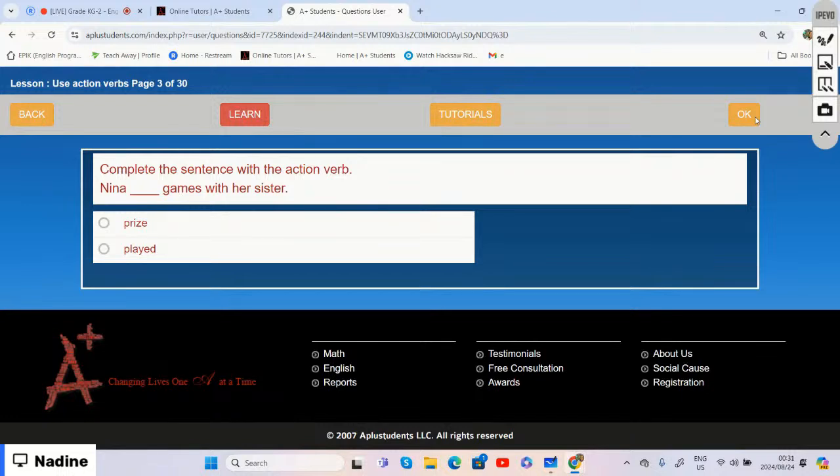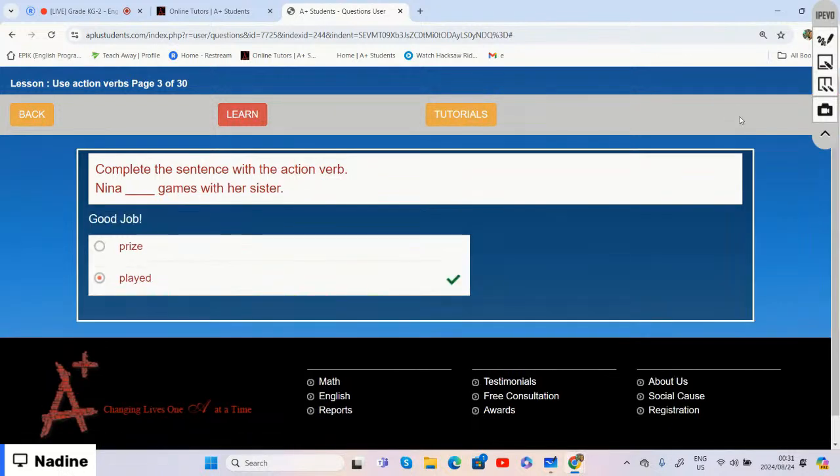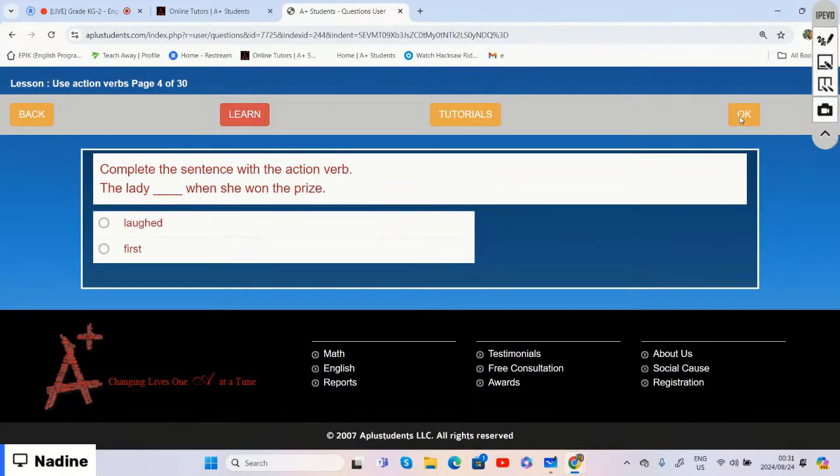And if we were to choose the correct one, we would say Nina played, because it's something that Nina does. Played games with her sister. And played is correct.